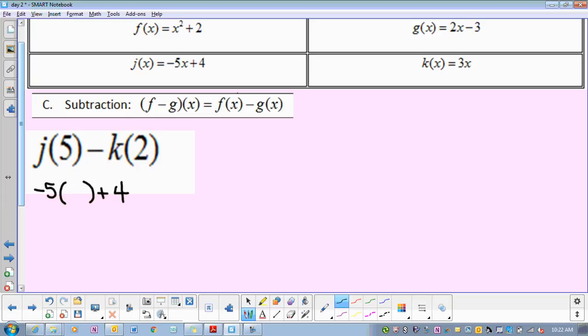But instead of the x, I need to plug in what? 5. Thank you. So what is this guy? Negative 5 times 5 plus 4. Negative 21. Negative 21. Good.